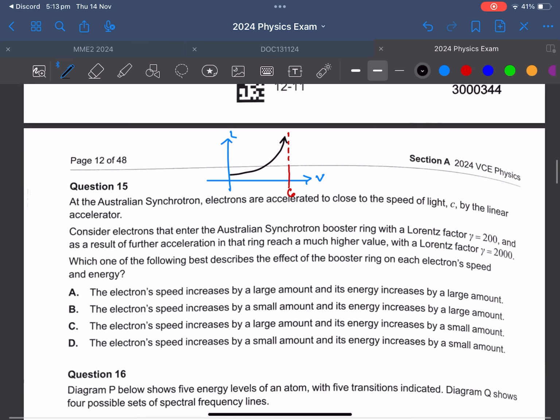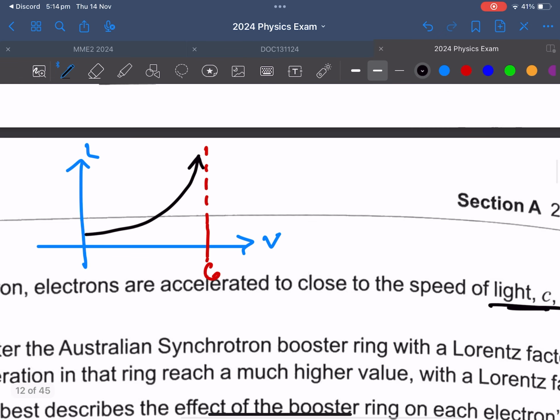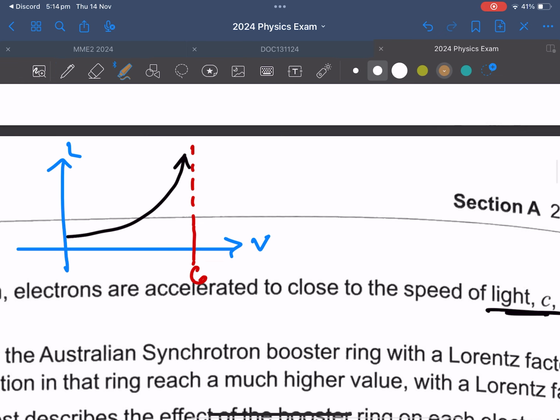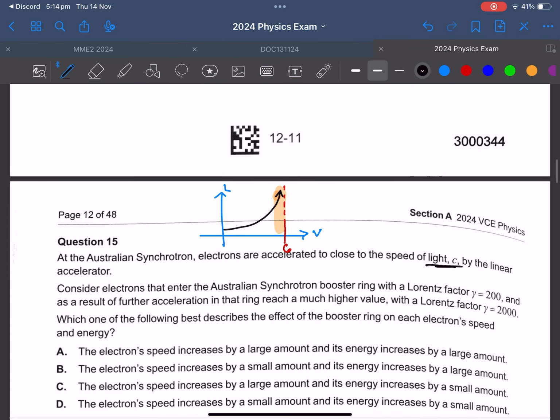Now if we are very close to the speed of light, let's say we are somewhere around in this sector. Now if I increase my Lorentz factor from 200, which is somewhere here, to 2000 somewhere here, I know the scaling is very off, but just imagine.